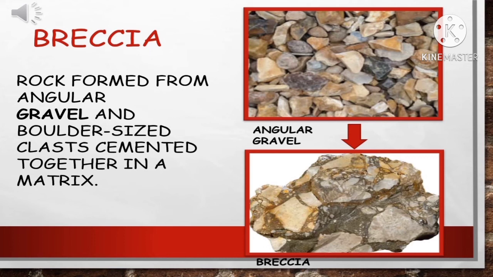Mga patusok. Unlike yung conglomerate, rounded yung edges niya. But still, they are composed of gravel and boulder-sized clasts cemented together in a matrix. So, after lithification process, itong mga gravel na to, nagiging breccia rock. Okay.